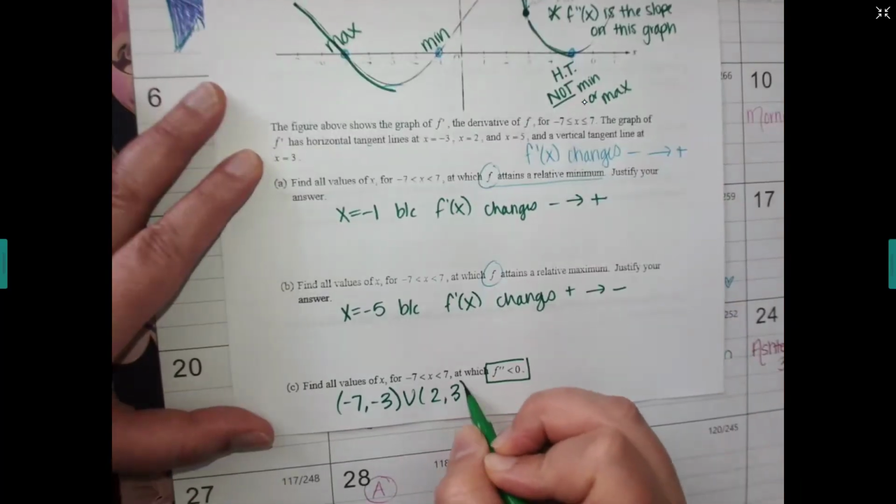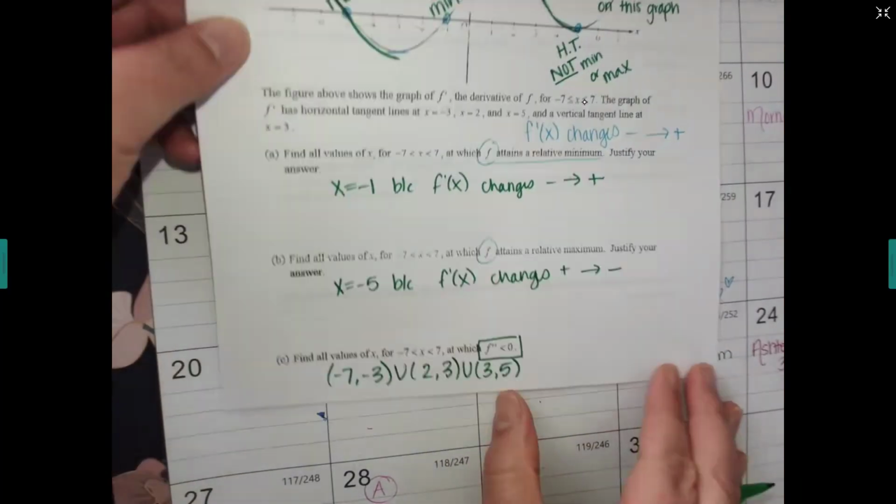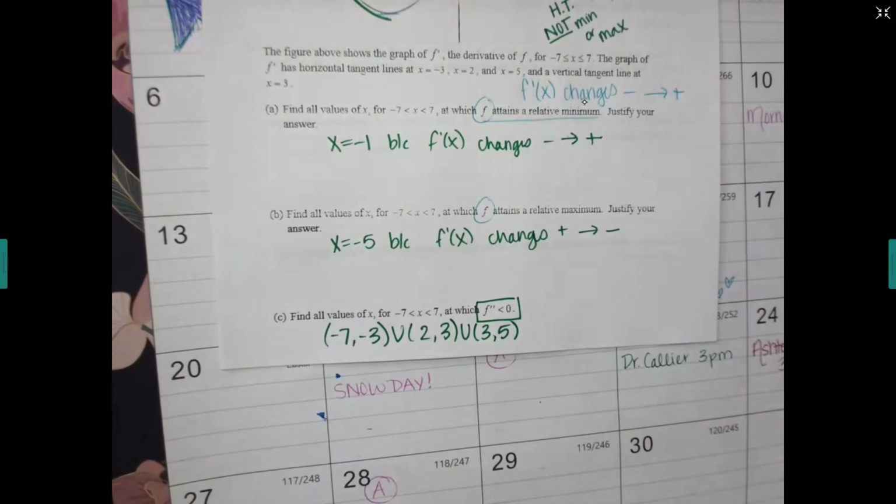The reason that you have to break it up is because they're specifically wanting the second derivative to be negative, and undefined wouldn't count because it just goes vertical at that one spot. A lot of times in class, we skip over reading the paragraph, but usually if they're telling you specific stuff like this, it's because it does matter at some point. Okay, go ahead and turn the page.